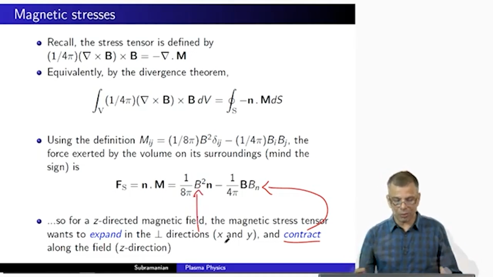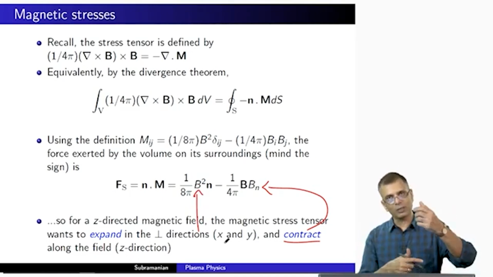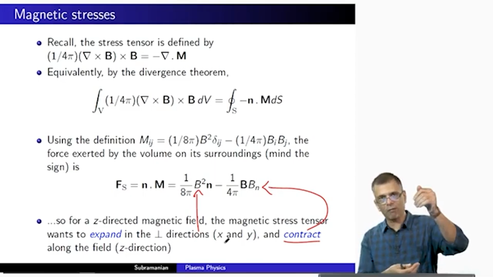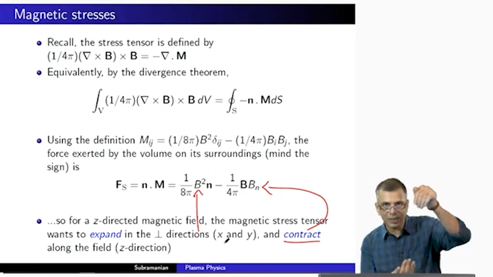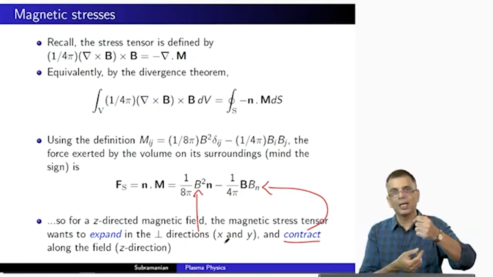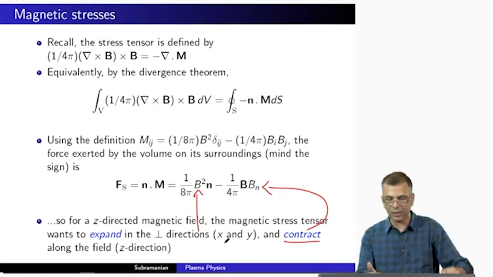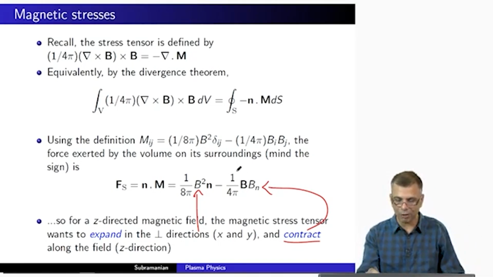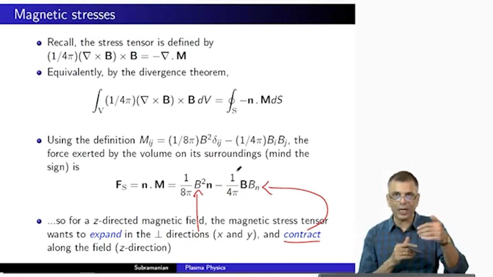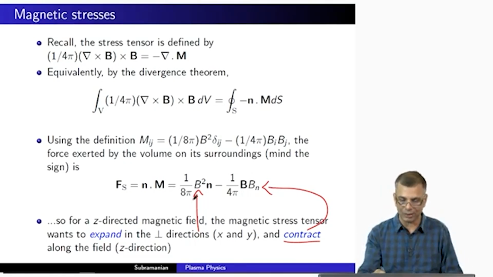So, it is very much like a bunch of rubber bands which likes to have a minus z directed force. In other words, it tends to want to contract along the z direction as evident from here, and it wants to expand in the x and y directions as evident from here.